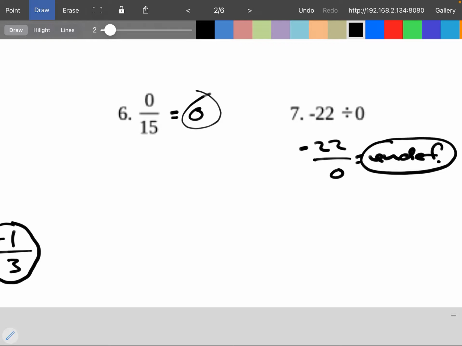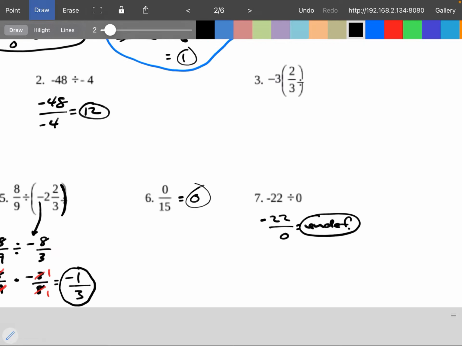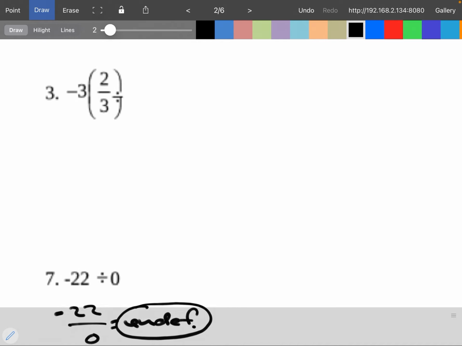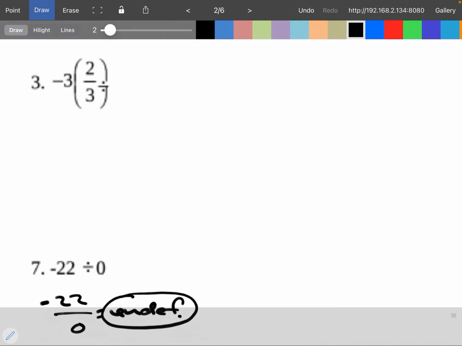All right, now we just have one left. So the last one we've got to do is this one right here. So number 3. So on that one, I don't know why they did that on there. So we're going to make negative 3 into negative 3 over 1.